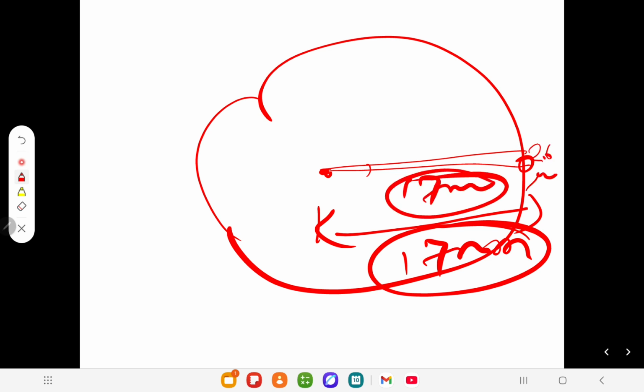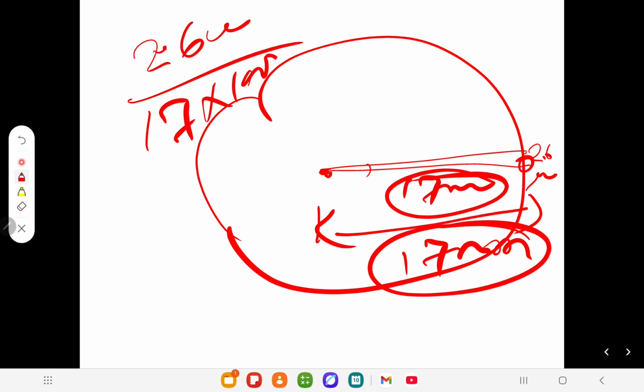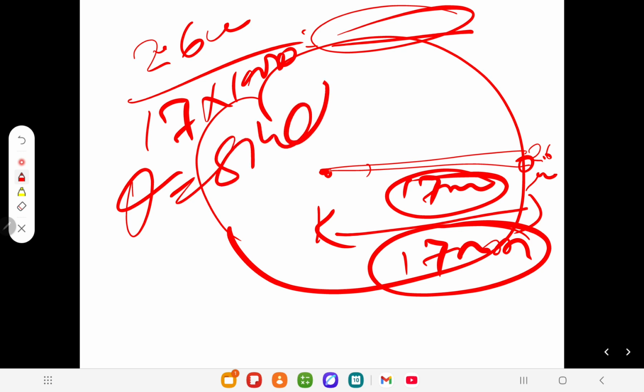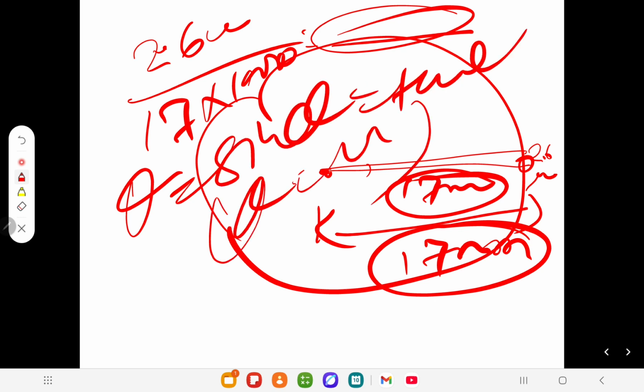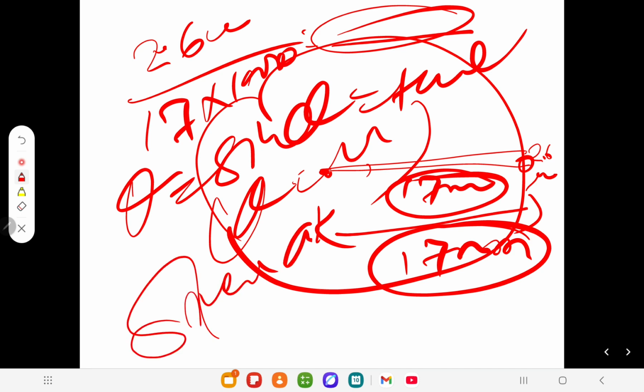Can you calculate it? It's very simple, isn't it? 2.6 micrometer over 17 mm converted to micrometer, and whatever you get is in radians, because theta is equal to sine theta is equal to tan theta when theta in radians is a small angle approximation, isn't it? Sorry for my handwriting. Okay, that's part five.